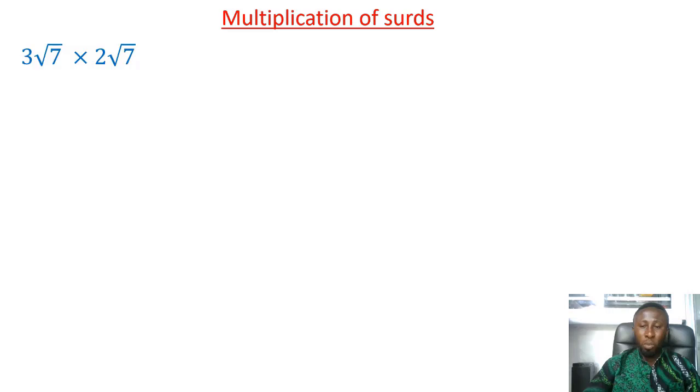Okay. Then 2 root 6 times negative 3. So we get negative 6 root 6. Then negative 3 times 2 root 6. So negative 3 times 2 root 6, we will get negative 6 root 6. Negative 3 times negative 3 is positive 9.